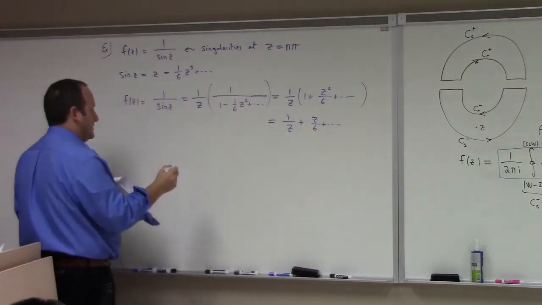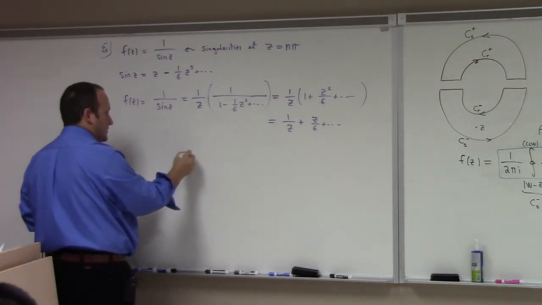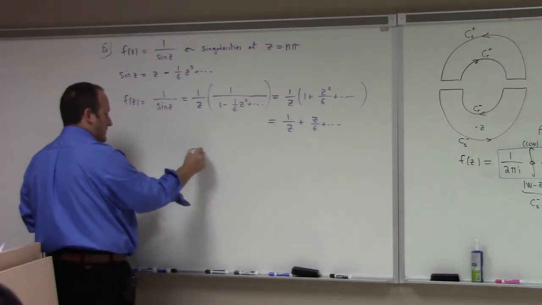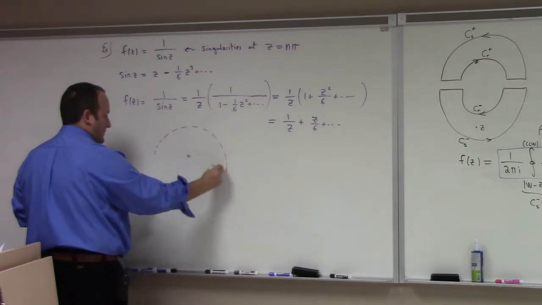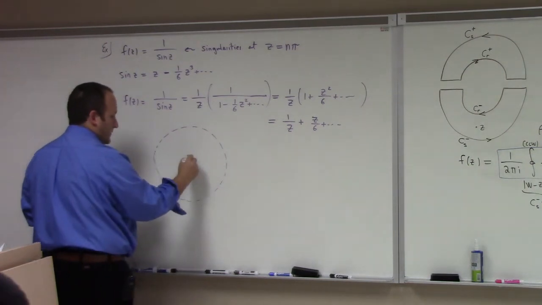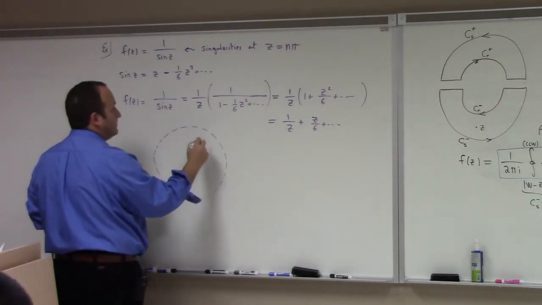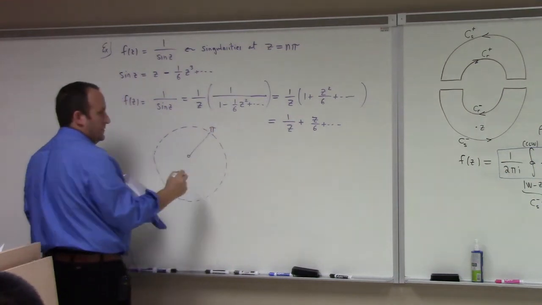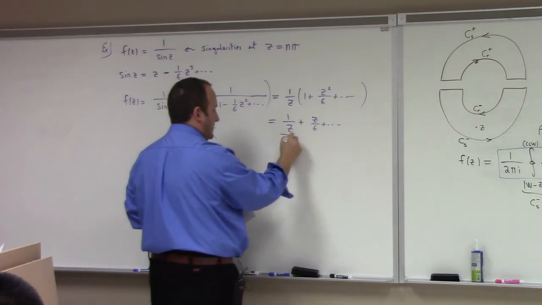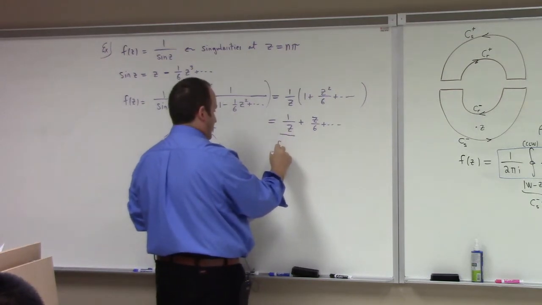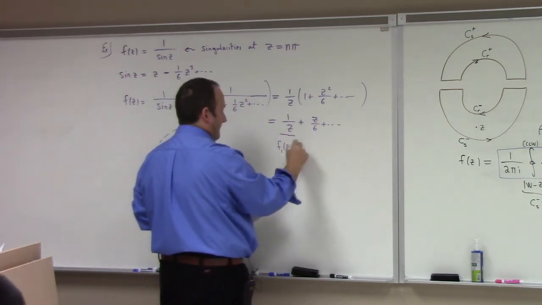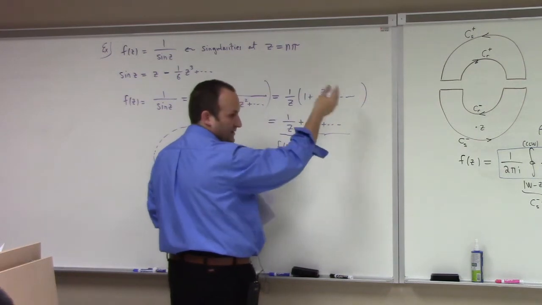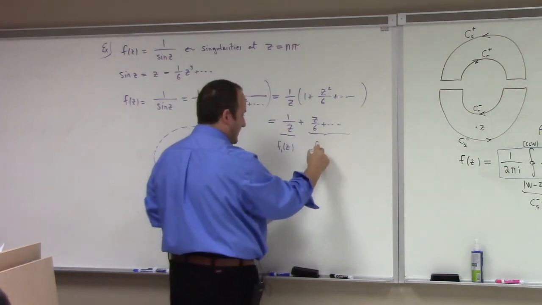And if I look at the origin deleted, and then an annulus out to radius pi, this would be my f1 of z. If you wanted to, you can compute more, but here's f0 of z.